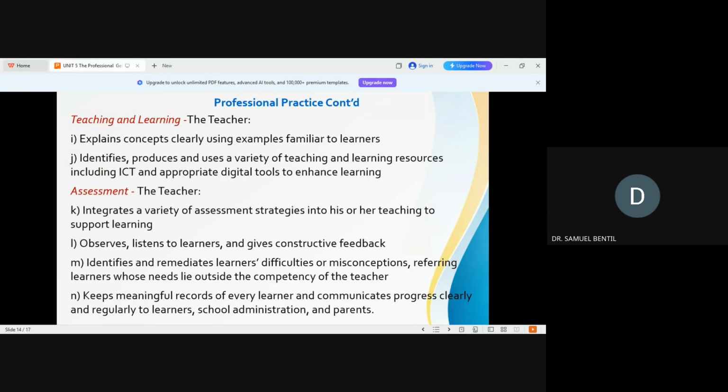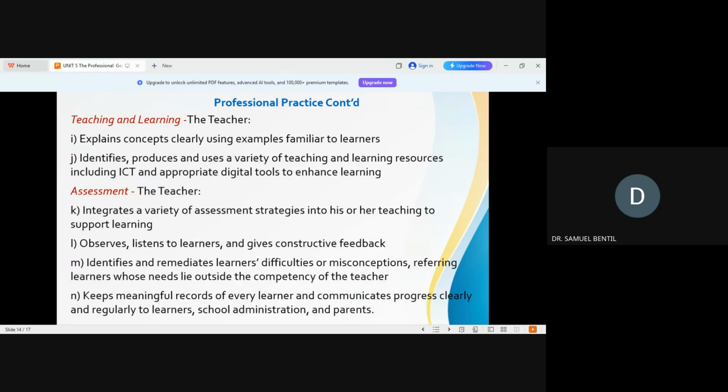You must also identify and remediate learners' difficulties or misconceptions, referring learners whose needs lie outside the competency of the teacher. So if you have a student with a special need that you think that you cannot handle, you can get, that's why in every school there should be a psychologist or a counselor, so that you can get support to make sure that this child's need has been addressed.